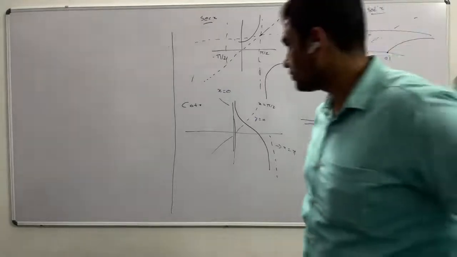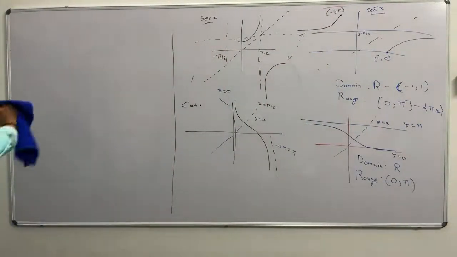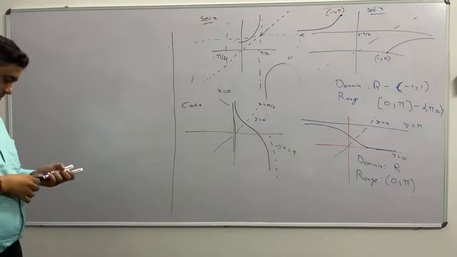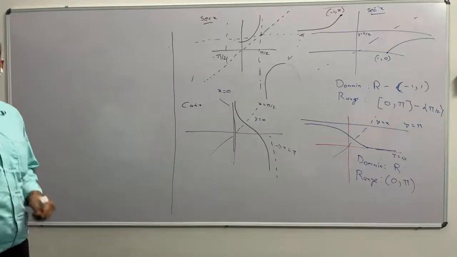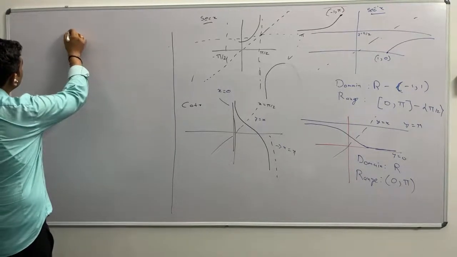All right. So we'll have a quick look at this one. The last one, that is our cosecant x. By the way, guys, I hope those of you who are attending online are drawing it properly. Although I cannot check, I can only hope. And I hope my hope is not wrong.